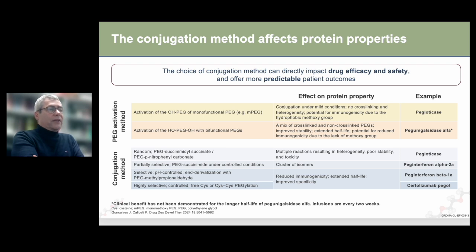In both cases, the conjugation is random, so the PEG is conjugated to different sites of the proteins, and the activity of the protein is an average of the activity of all the isomers which are obtained. Alternatively, there is the site-directed conjugation by using different strategies like the cysteine conjugation, the conjugation to the terminal amino groups, or by using enzymes.